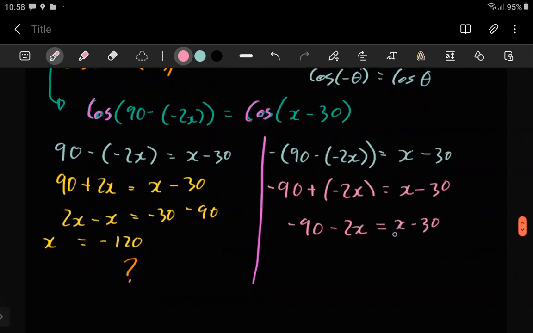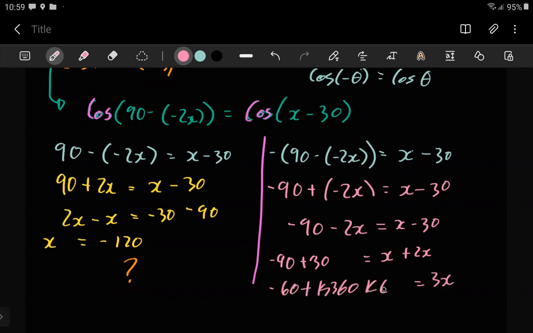If we bring the x's to one side, we're going to have x plus 2x equals negative 90 plus 30. And from here, you can do the whole plus k360 thing already, because here you can have 3x is equal to negative 60 plus k360, k is an element of integers.